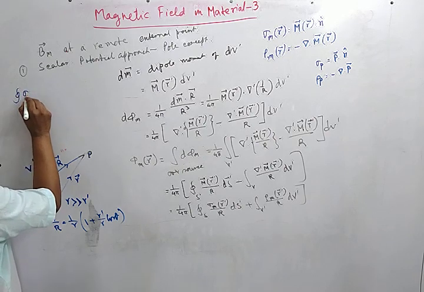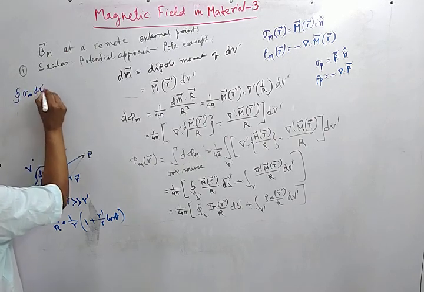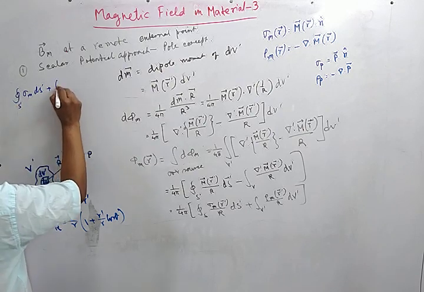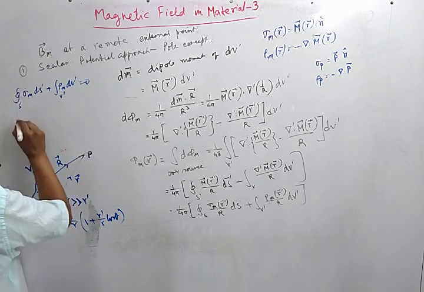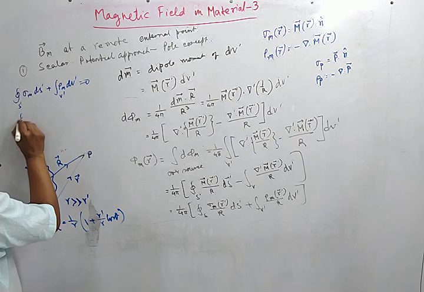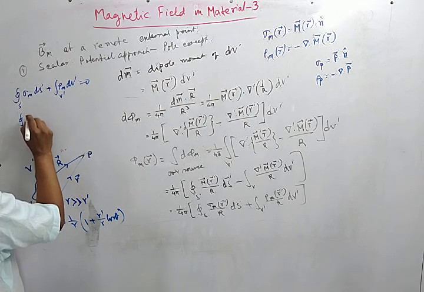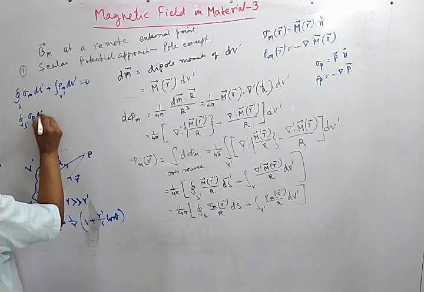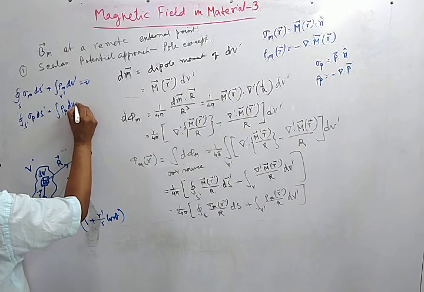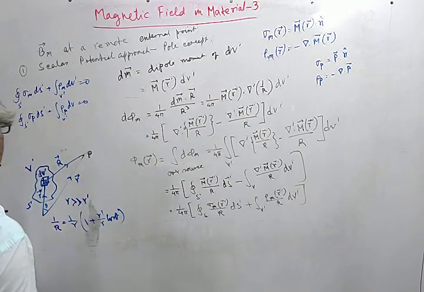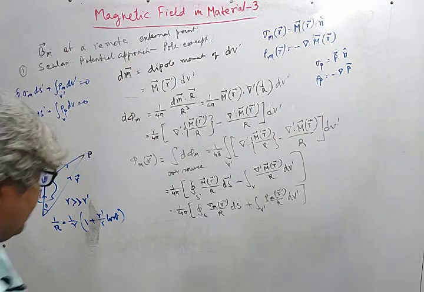In this case, the integral of sigma m ds prime over s prime plus rho m dv prime over v prime is 0. The corresponding situation in electrostatics was so this development is found to be very similar to that obtained in electrostatics.